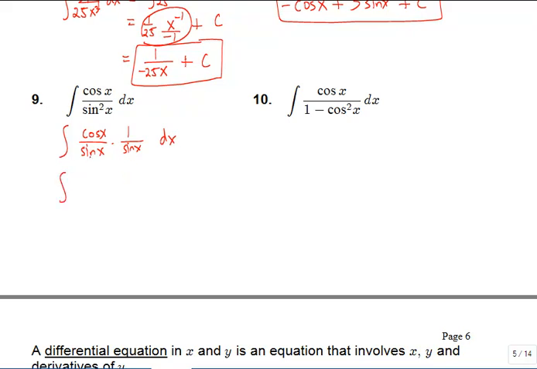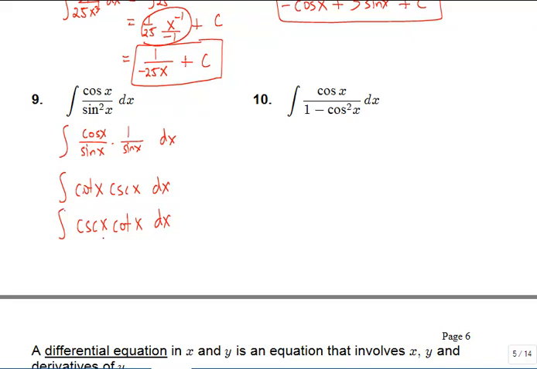And the reason I'm going to do that is because cosine over sine is cotangent of x, and 1 over sine of x is cosecant of x. If you prefer, you can switch the order around. It doesn't matter which one of these comes first. But this now is exactly one of our rules.